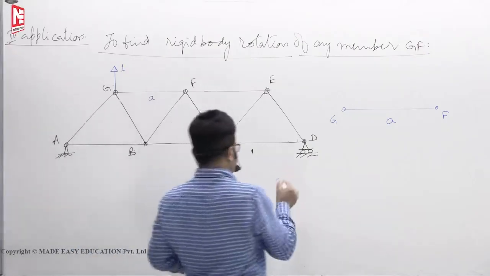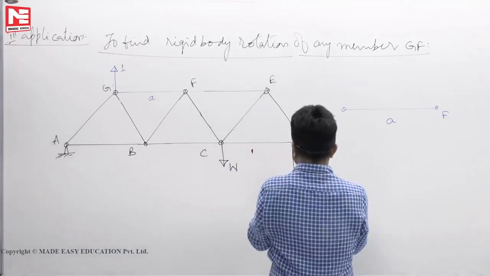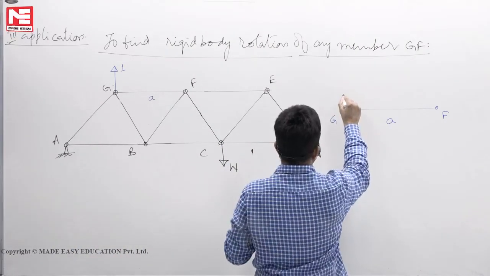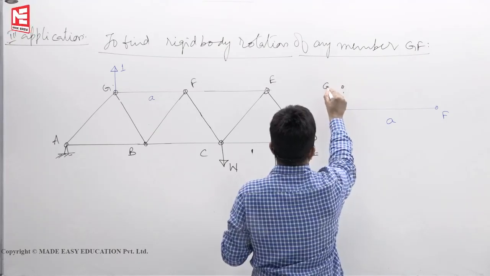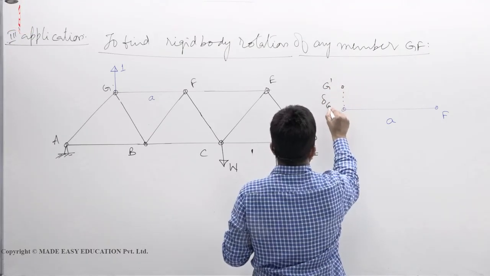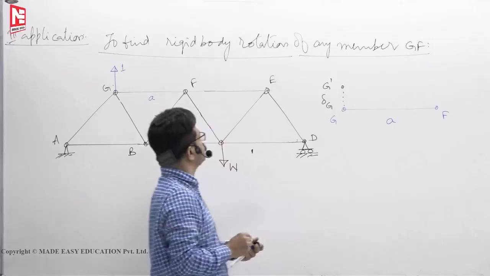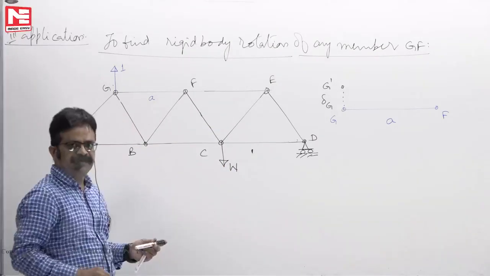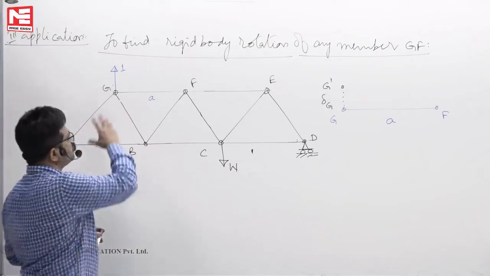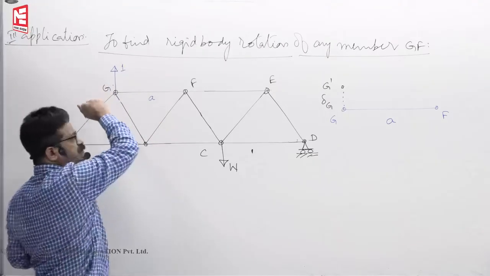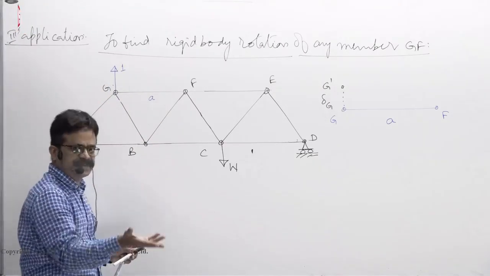Assume that it went up by an amount. We don't know whether it is going up or down. So G goes to G dash, say. So delta G you calculated, maybe delta G is 5 mm. So that issue is over. Now take this unit load, throw it out. Fresh problem.